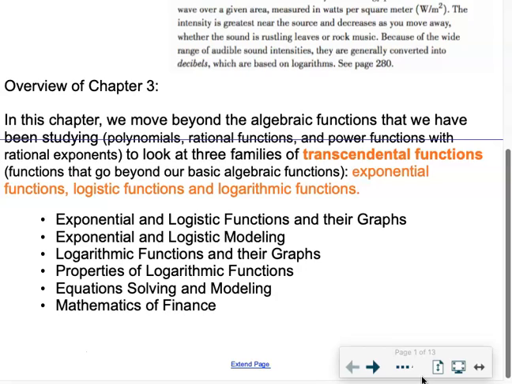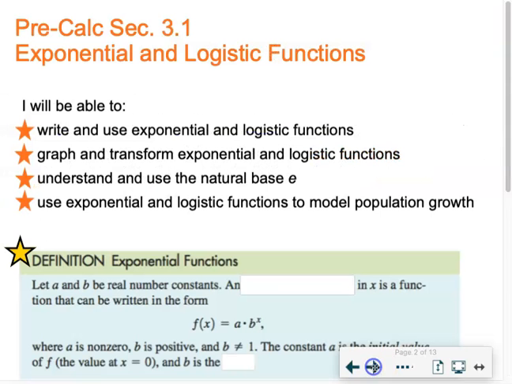Now, section 3.1 that we're covering today is exponential and logistic functions.